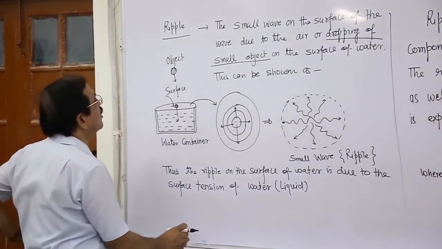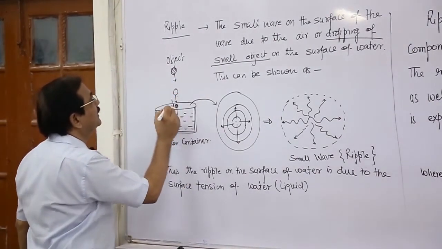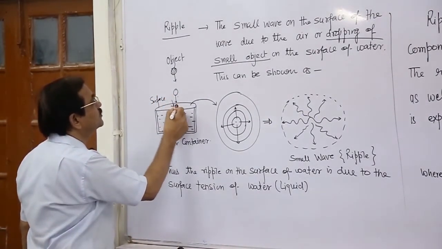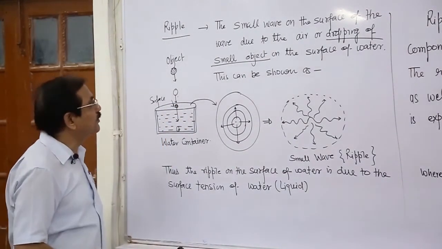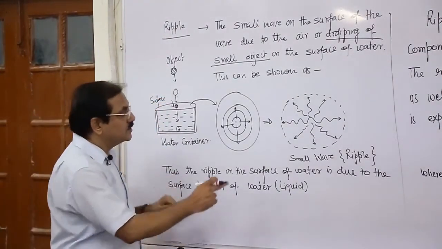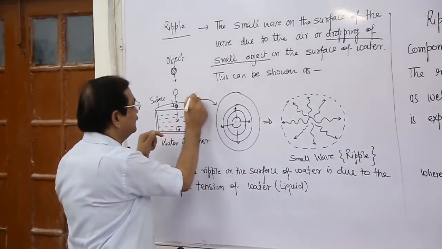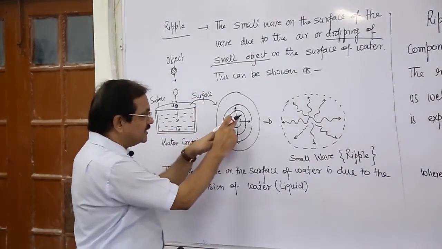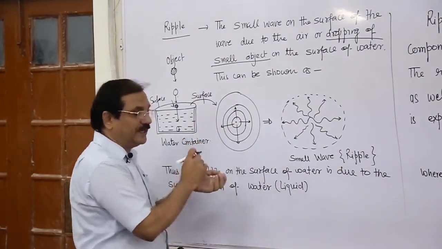then this small object comes to this place, and then it goes deep down here. So, during this process, the object falls on the surface of water. Suppose this is the surface of water and this is the central point, and the stone touches this point on the surface.